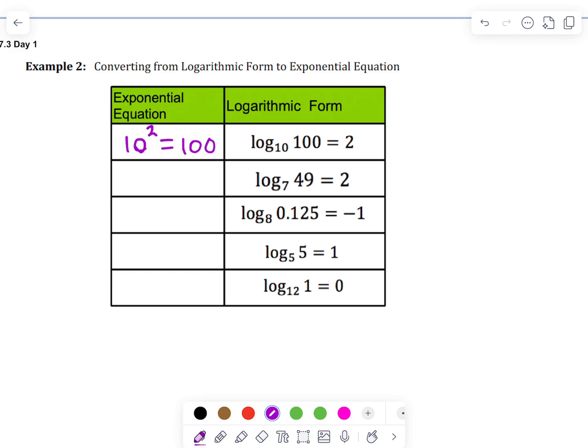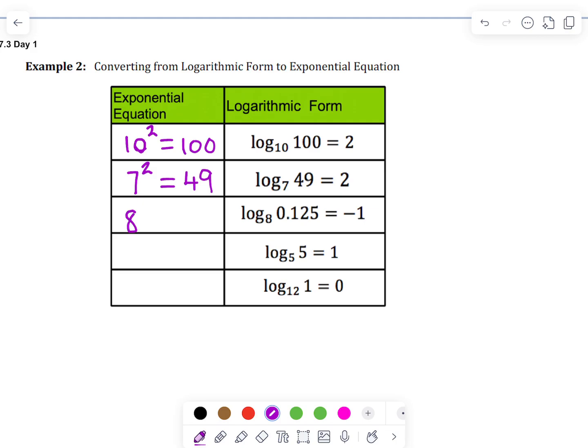Next one, log base 7 of 49 equals 2. So the base is 7, the exponent is 2, equals 49. Check it. 7 squared, 7 times 7 is 49. All right, log base 8 of 0.125 equals -1.